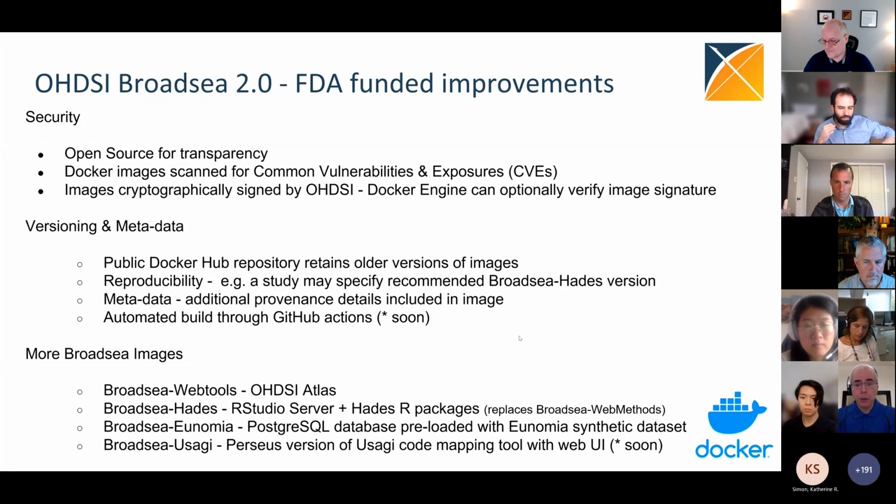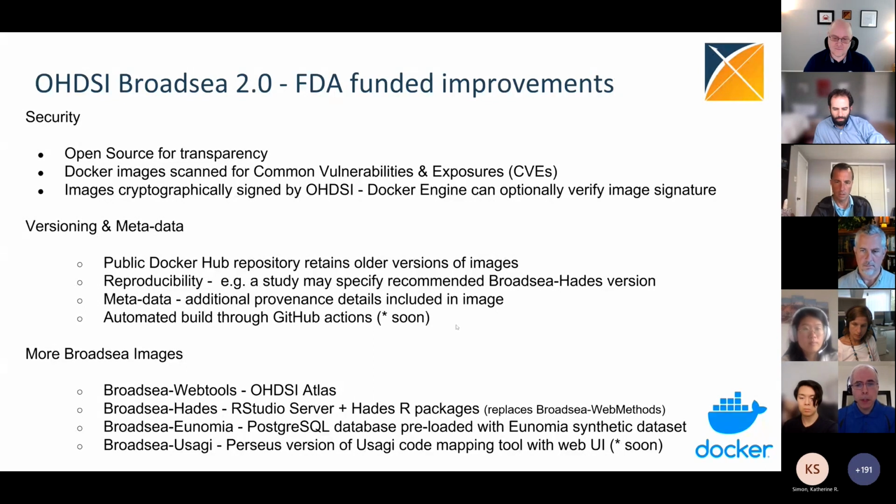Broadsea Hades is new, and I just put it out there this morning. So it has the RStudio server, it has all the Hades R packages, which I showed you that slide earlier, and it's going to be a replacement for Broadsea Web Methods. And it's built based on the definitions of the Hades packages that the Hades team produce.